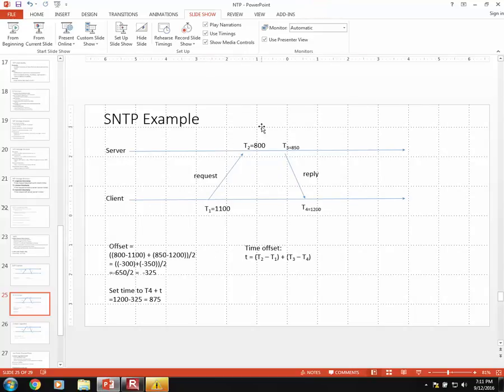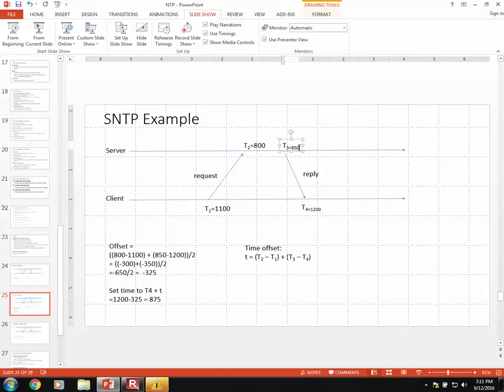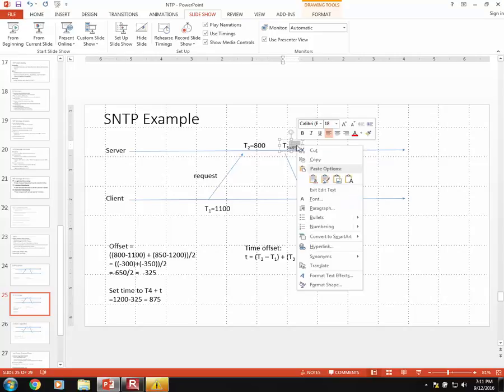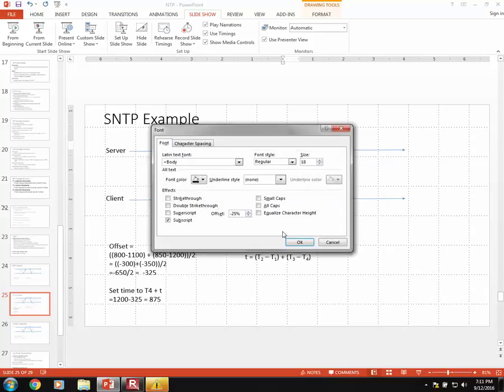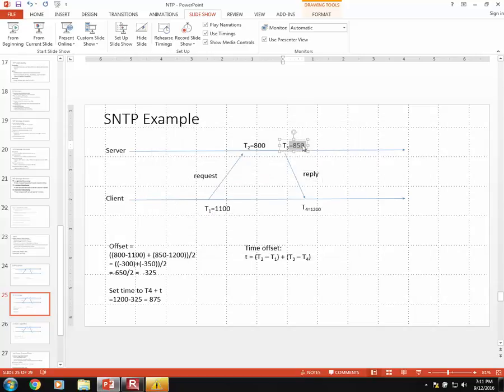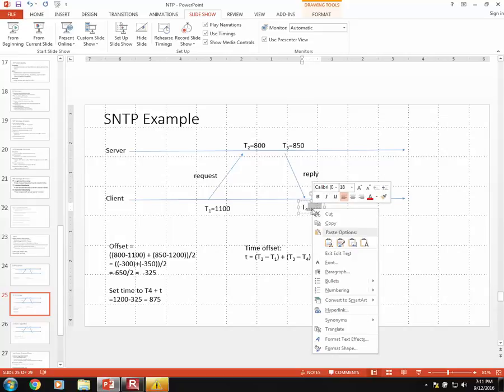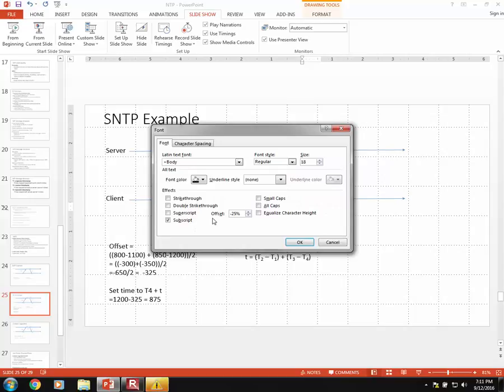The server has time T2 of 200, and it takes 50 time units before it responds, and so at time T3 of 250 it responds, and it's received at the client at its time T4 of 1200.